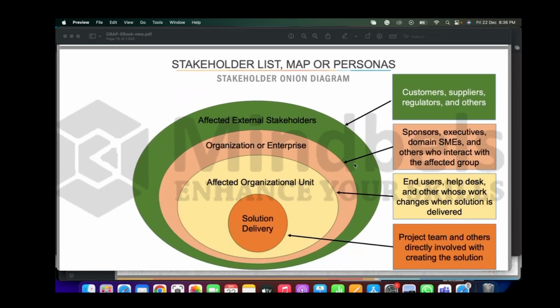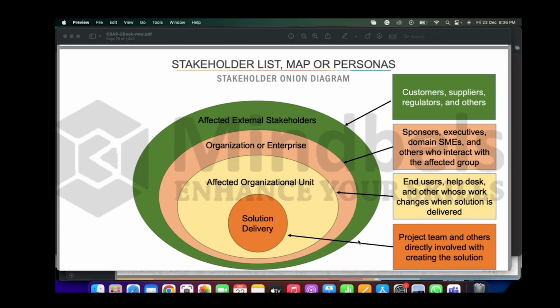Can you see customers, suppliers, regulators, sponsors, executive, SMEs, help desk, end user, project team? Now, can you associate this with an example of you being a BA? Who all are connected or in relationship with you when they are doing the task of BA? This is the onion diagram you will have to understand: it is the relationship diagram.